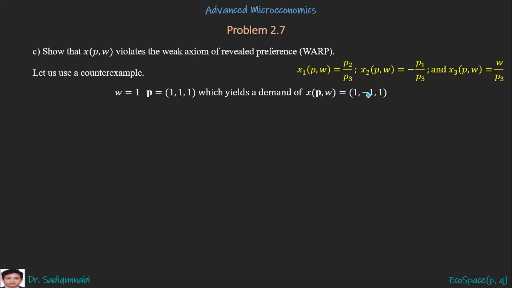So let's take this as a counterexample. w equal to 1 and p are all 1, 1, 1. That means P1 equals 1, P2 equals 1 and P3 equals 1. So putting all the p's here, we get x(p,w) as 1, minus 1 and 1.